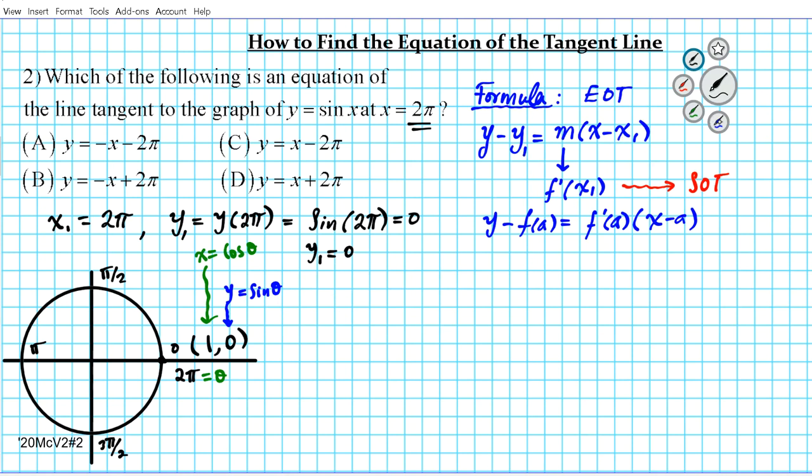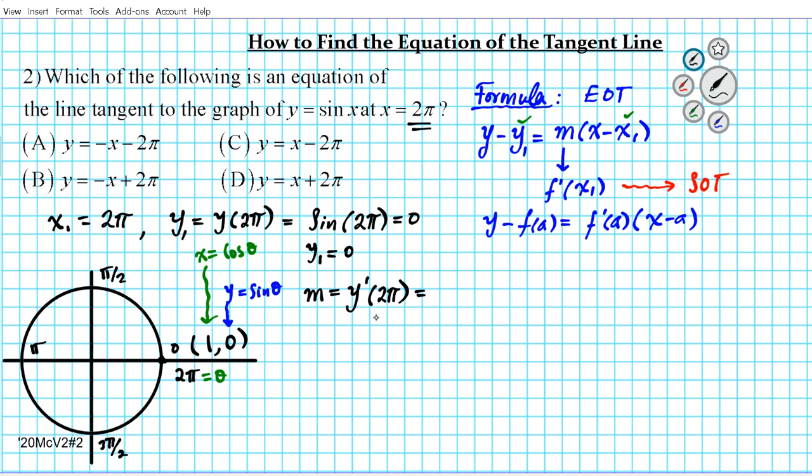What else do we need? We have x1 and y1. The last thing we need is m. So we're going to need some calculus for that. m is the derivative evaluated at the x coordinate. So this is a two-part process.